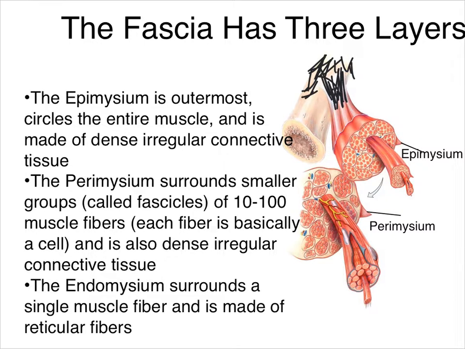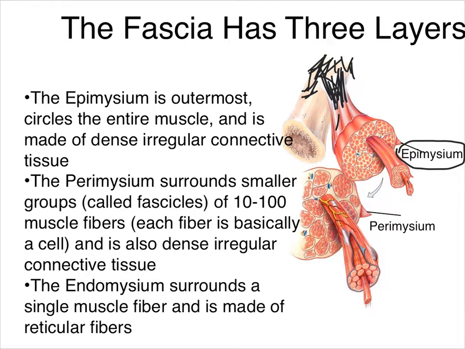There are actually 3 layers of connective tissue surrounding the muscle. The muscle is actually a bundle of bundles of bundles, right? And the biggest bundle is the muscle itself, and the muscle itself is surrounded by the epimysium, and it is dense, irregular connective tissue that surrounds the entire muscle.